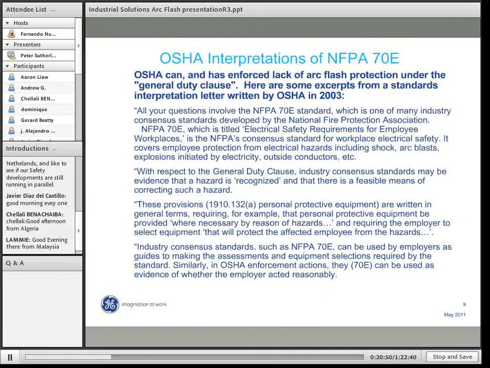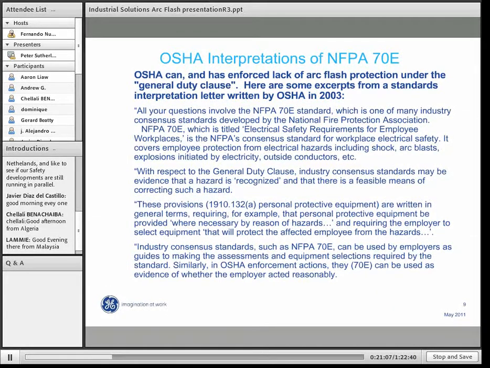So this next slide is a statement of how OSHA incorporates NFPA 70E into its regulations.